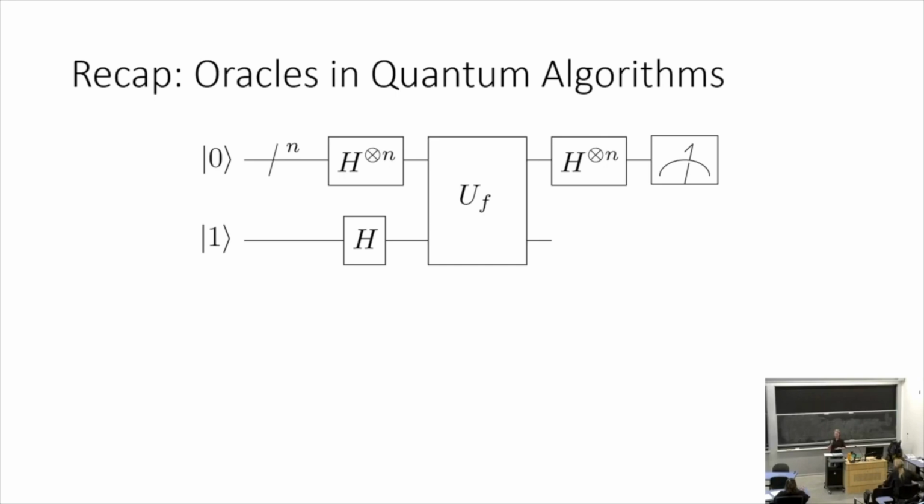So that means that whenever you use an oracle in a quantum algorithm, you have to have already figured out what switch statement to use. That's usually done by doing a lot of math beforehand, so it's often mathematicians that develop these oracles, as we'll see some examples of today.